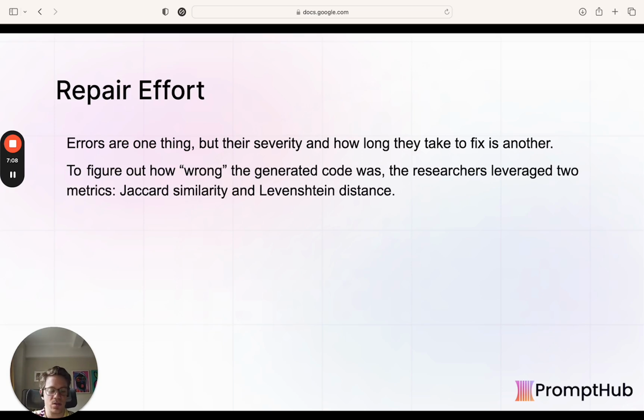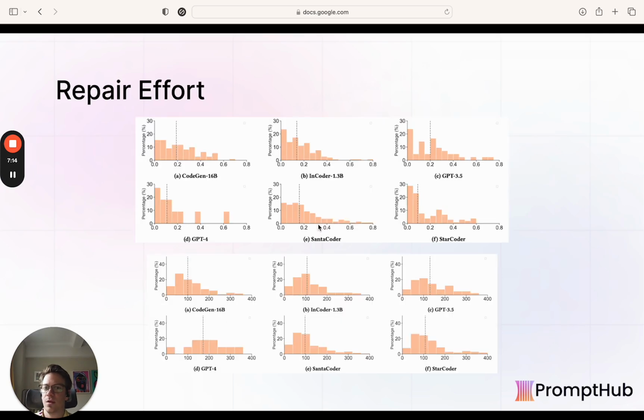And yeah, so we can take a look at the results here. So on top, we have Jaccard, and the lower, we have the Levenshtein distance. And honestly, it doesn't matter because they both tell the same story. You see big clusters towards the bottom, which basically means when the models produced the incorrect code, it was very far off.